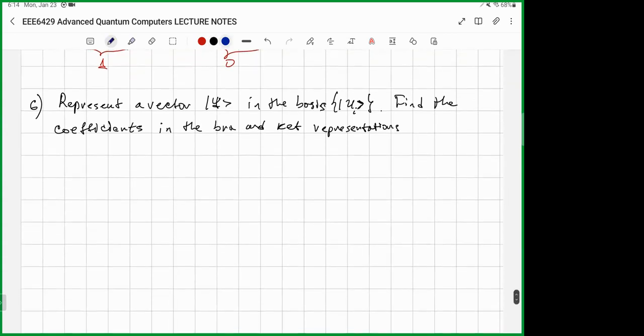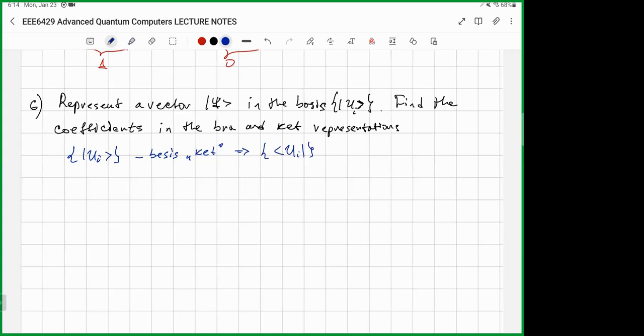So the basis of vectors ui, right? Let's denote as basis ket. And dual to this basis ket will be a basis of bra vectors.